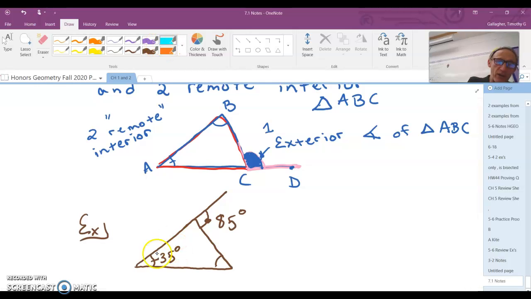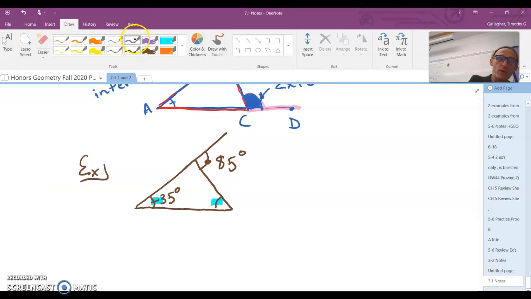These two angles are the remote interior angles in reference to this exterior. They're away, like a remote forest.